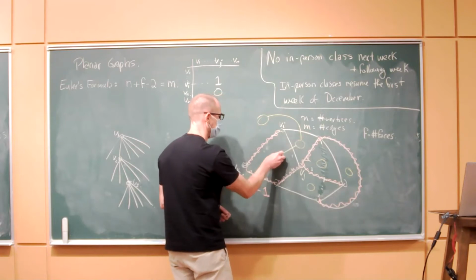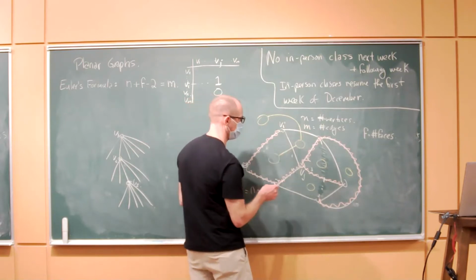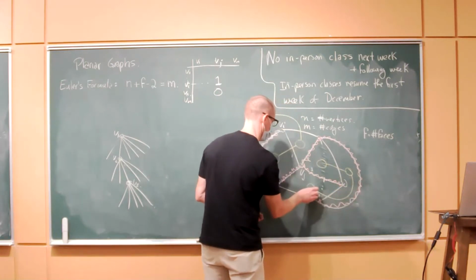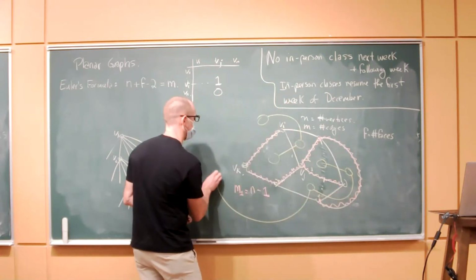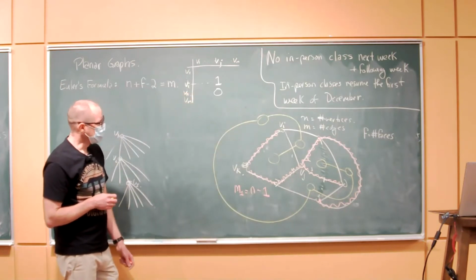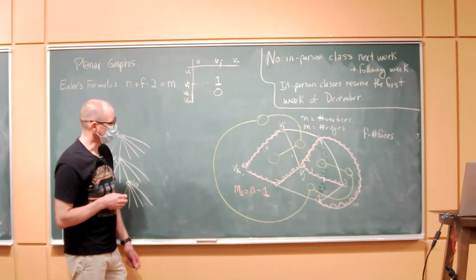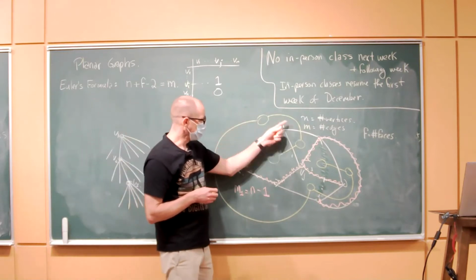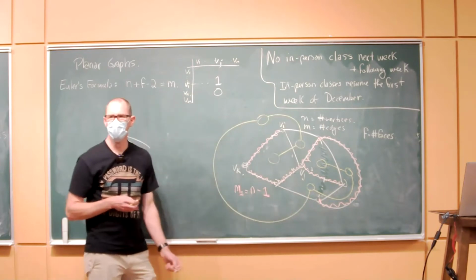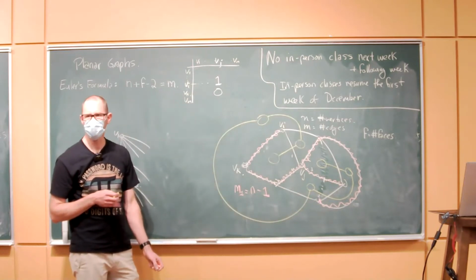So it's an edge that's not used by the spanning tree. And what you'll find is that you also get a connected graph, and this graph has no cycles.